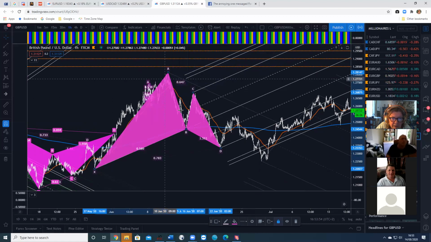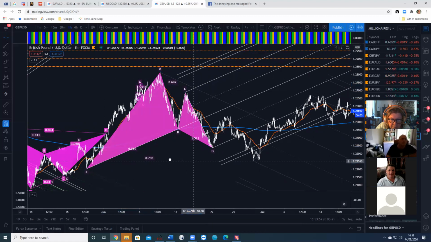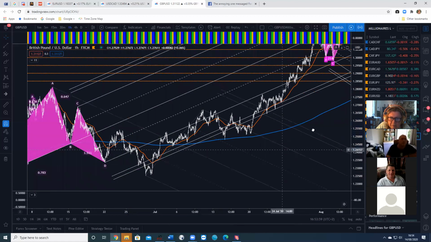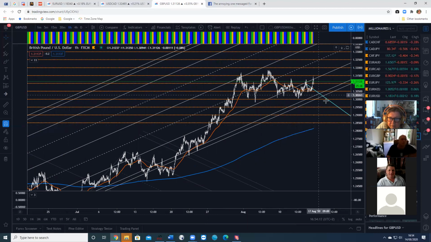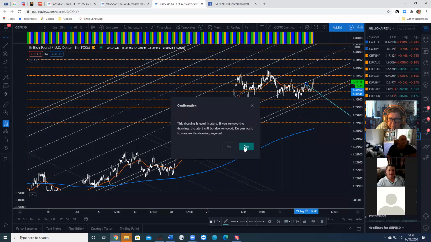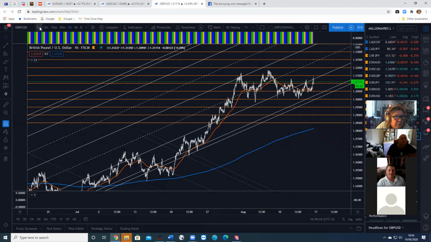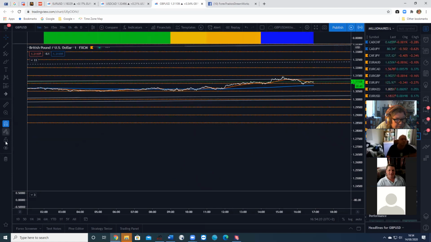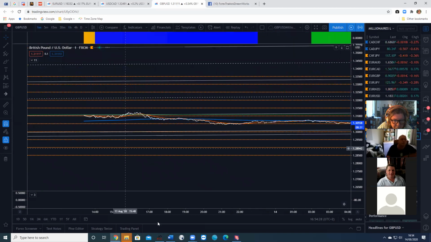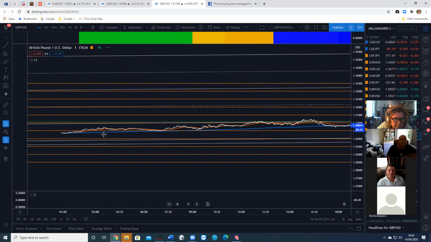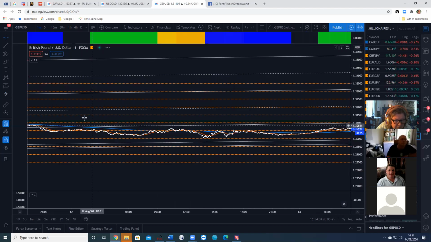Right, so off this scan here, C to D leg, so we're looking to see how many trades we could have got off this scan. Hide that one. We don't need to look at that. Take that off. Come down to the 1 minute. And then see if we can go back into replay.